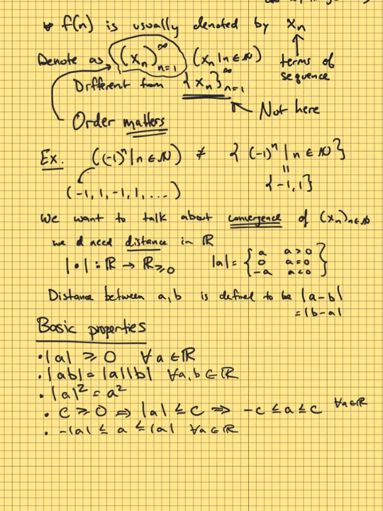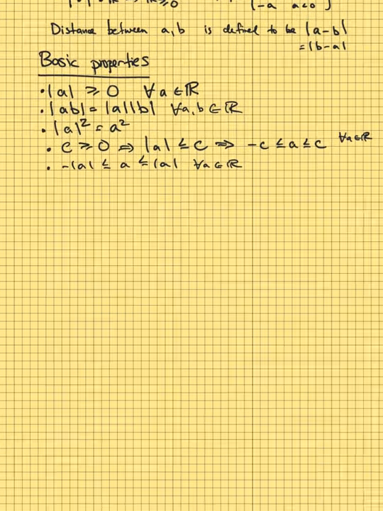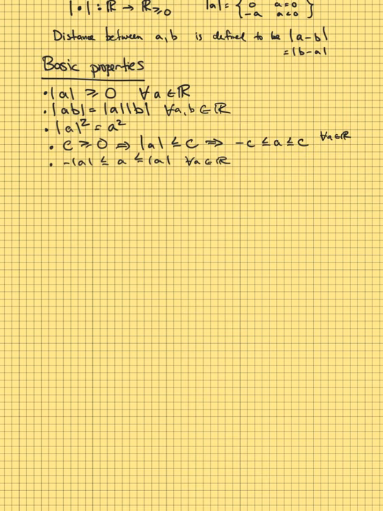Finally, let me give you the key property, which is a useful exercise to prove, so I'm going to leave it as a lecture problem. It's the triangle inequality, which says, in this context, that for every a and b in the real numbers, the absolute value of a plus b is less than or equal to the absolute value of a plus the absolute value of b.